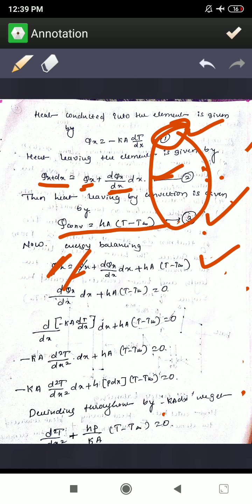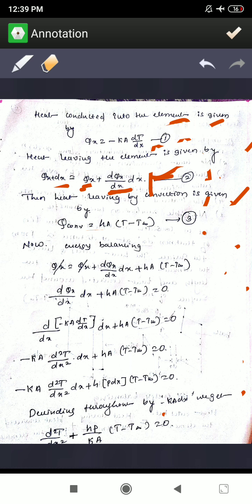So here, substitute the value of qx in these equations and keep the remaining terms as they are. Simplifying it, take it outside: minus k d square t by dx square dx plus hA (T minus T infinity) is equal to 0.